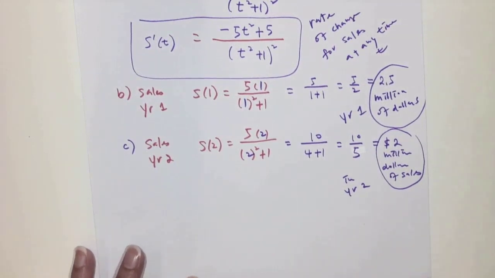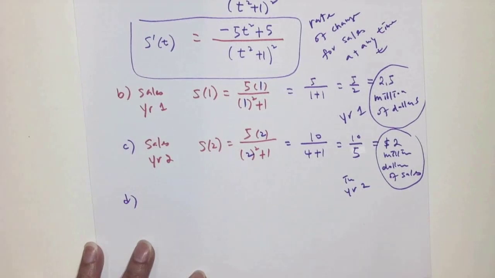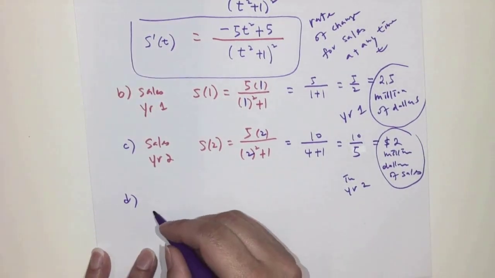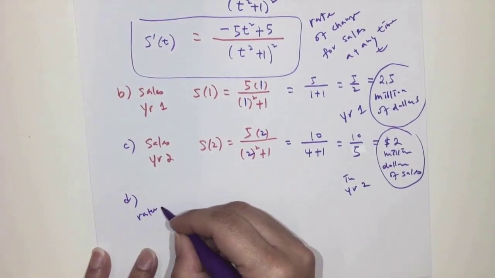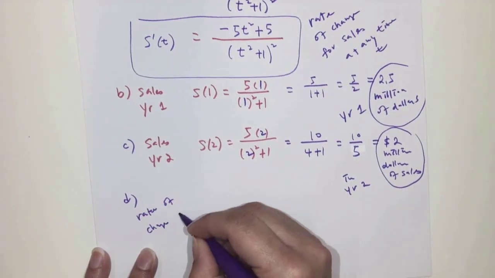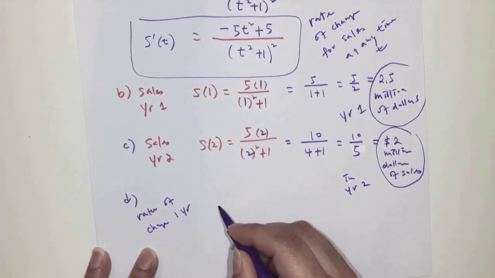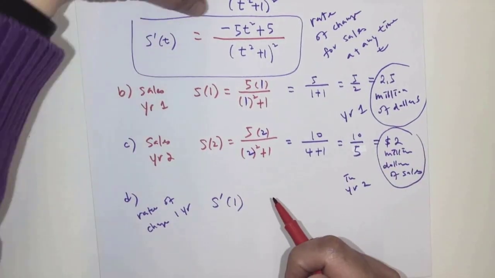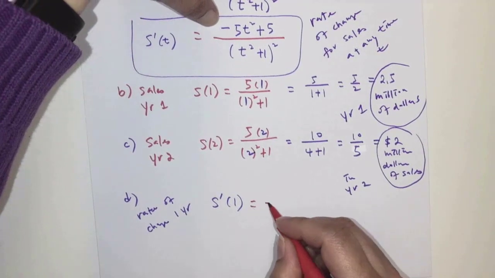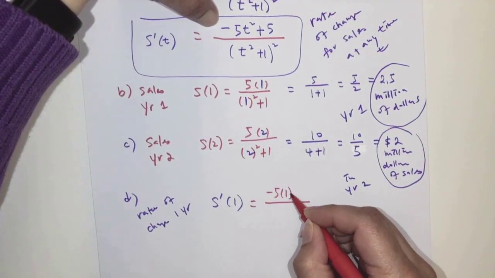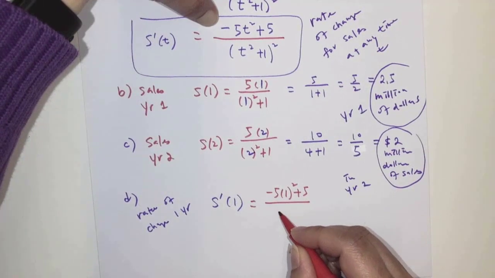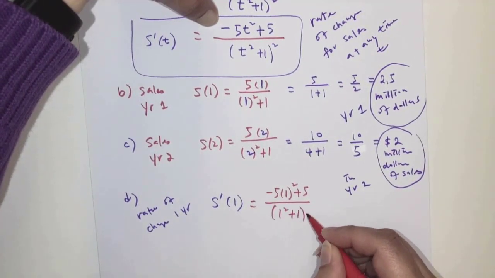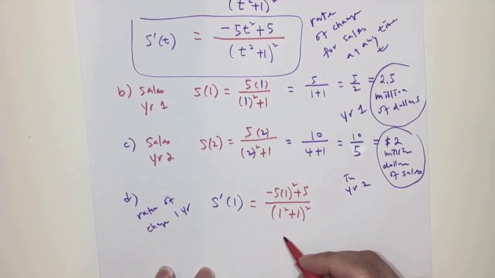D, say they want to know how fast are the sales of the DVD changing 1 year after it's released. So we need the rate of change, right? So rate of change in year 1. So it's going to be S prime of 1, right? Because it's rate of change. So I need to find my S prime function, plug in 1, right? So negative 5, plug in 1 squared, plus the 5. This is 1 squared plus 1 in the bottom, perfect square.